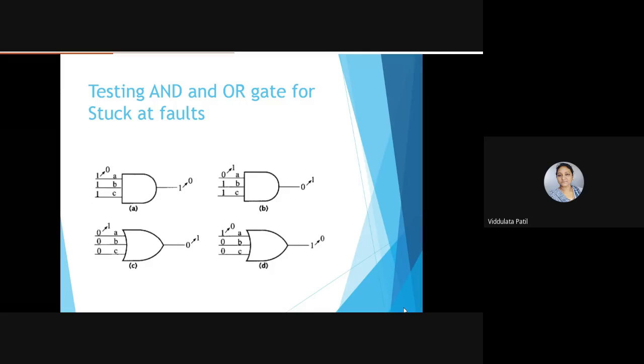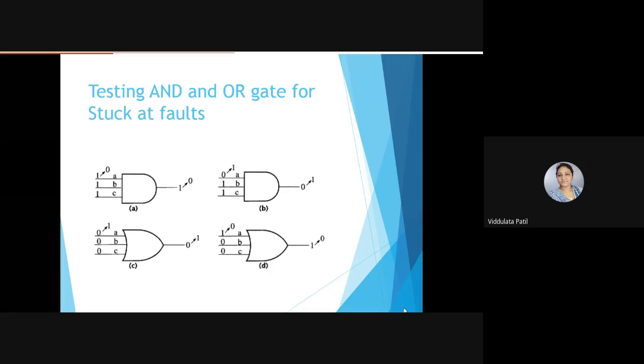But if that wire is connected to the high logic level, it may result in a 1 output, and from that we can decide that the wire is stuck at 1.